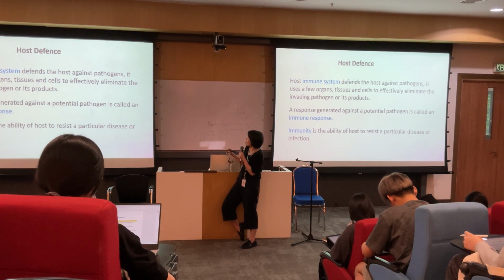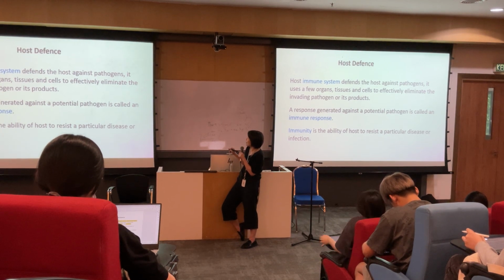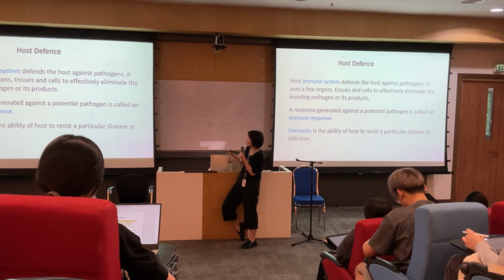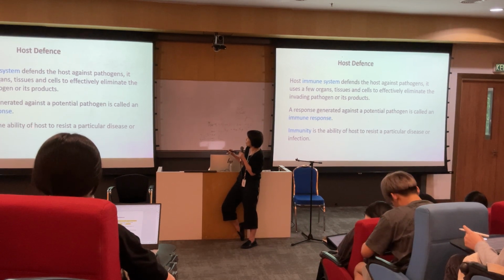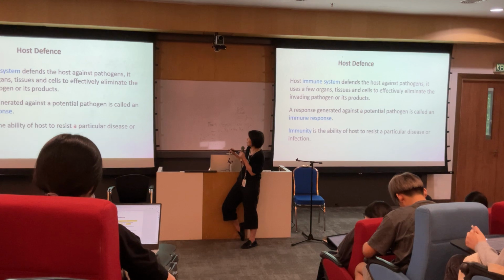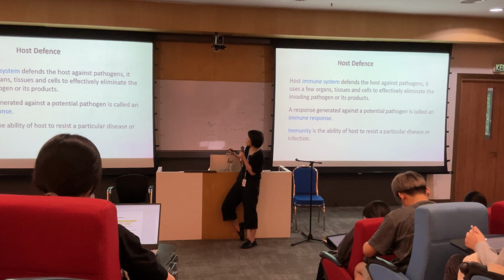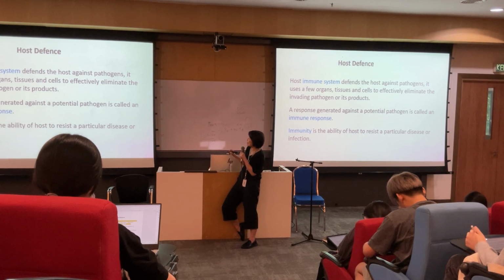And what is immune response? Immune response is a response generated through the immune system against potential pathogens. And also immunity, which you sometimes hear about, normally refers to the ability of the host to resist a disease or to remove a pathogen.